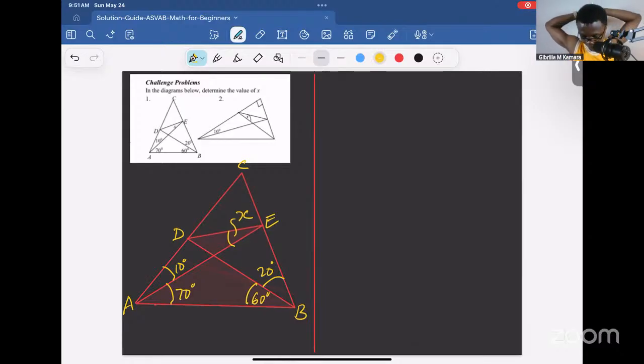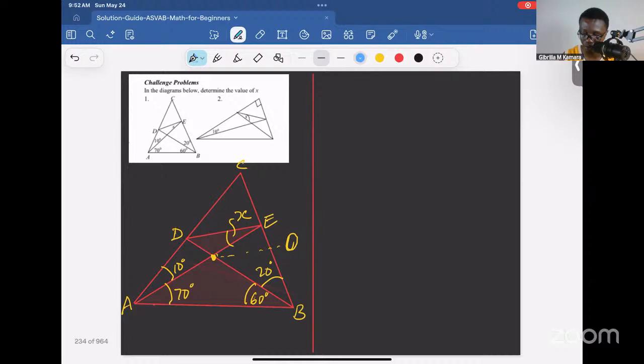Okay. All right. We are going to manufacture lots and lots of things here. Let that point be O. Okay. So I'll make things very easy.